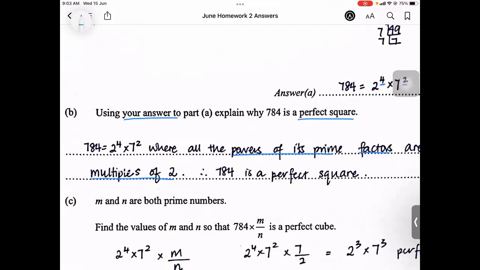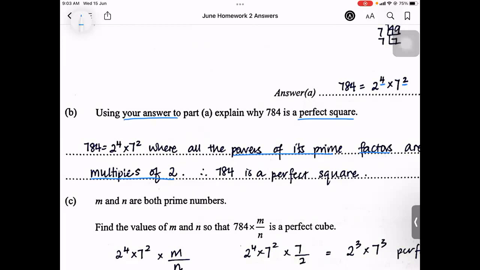So when it's a multiple of 2, that means it can be square rooted. You're not going to say that the square root of 784 is an integer. I have to use the answer, explaining that the powers are multiples of 2. Therefore, it's a perfect square.